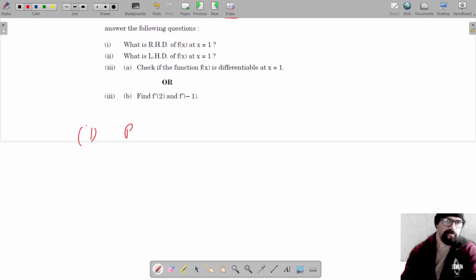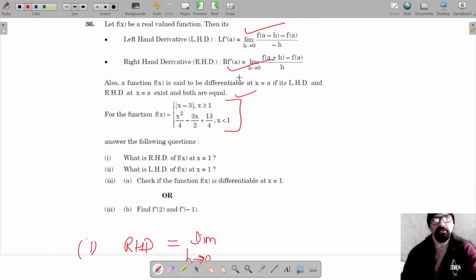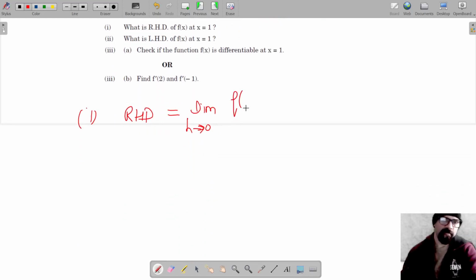So let's jump to the solution first. We have to find out the right hand derivative, and the right hand derivative is given by limit h tends to 0, f of a plus h minus f of a upon h.